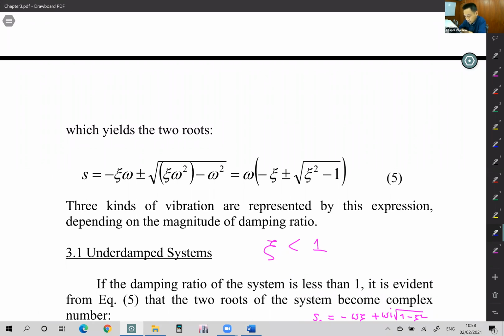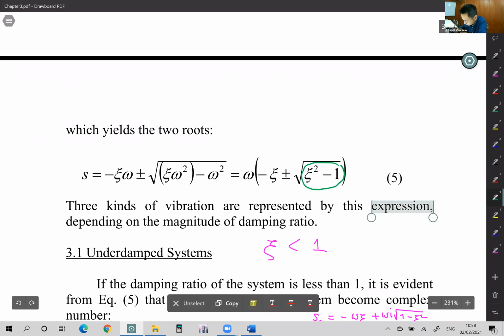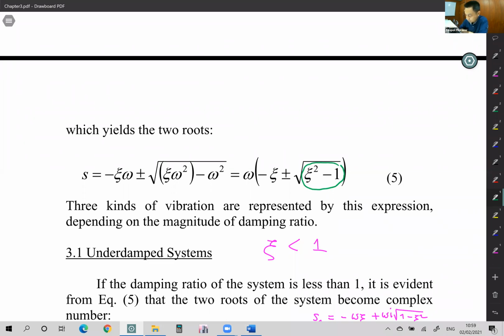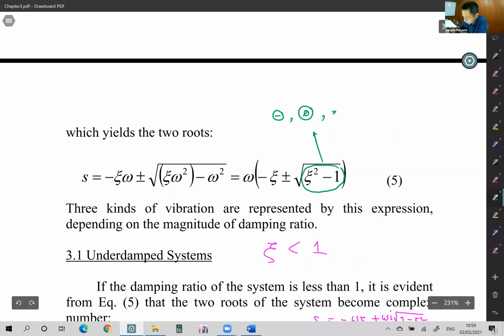Since the roots of the characteristic polynomial contain the square root of psi squared minus 1, the problem is about this term. The problem is whether or not these green terms become a negative number, become 0, or become a positive number.